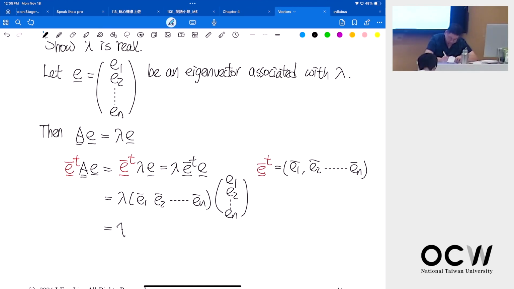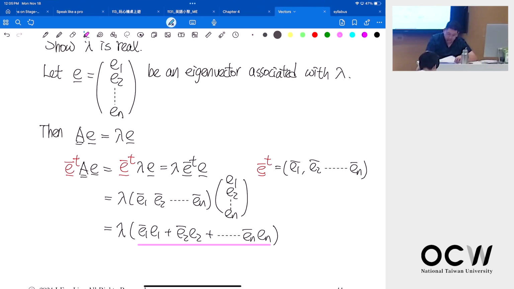It should be lambda times E1 conjugate E1 plus E2 conjugate E2 till En conjugate times En. And for this part, they are real numbers.